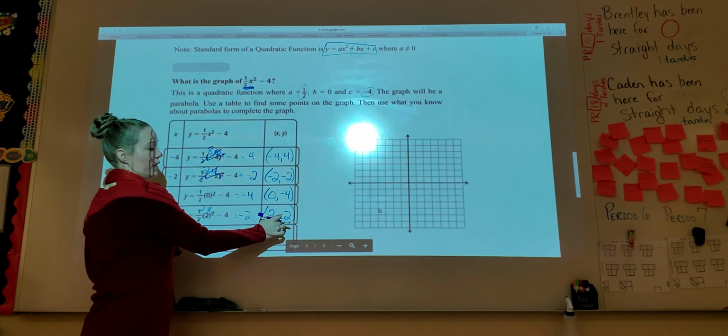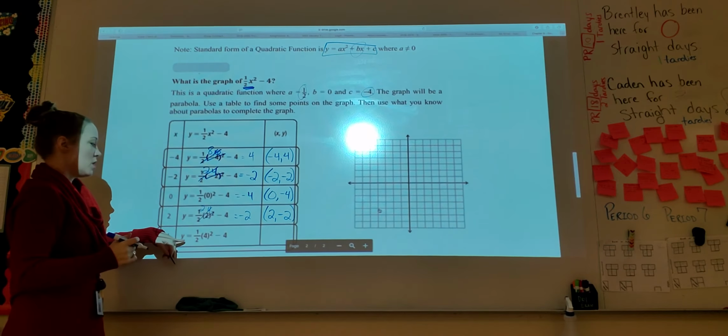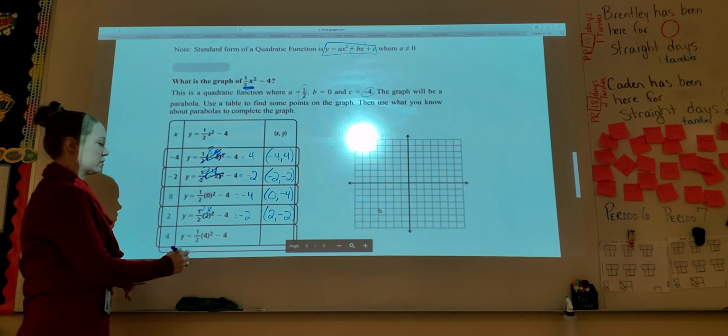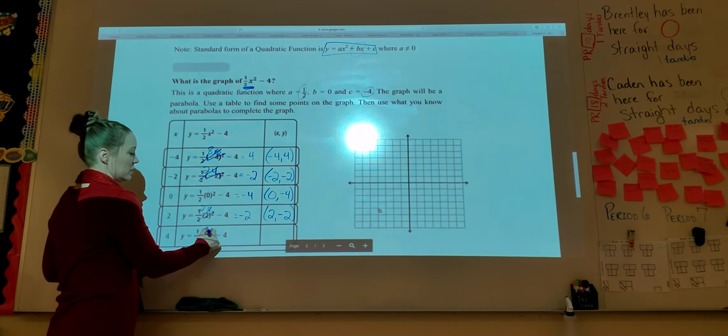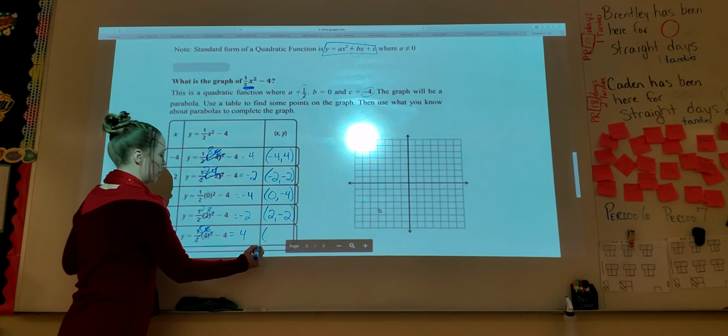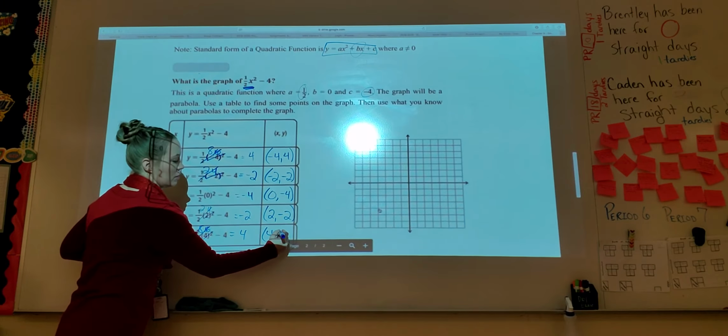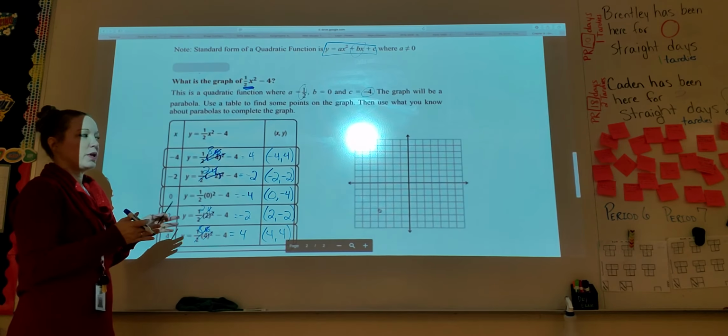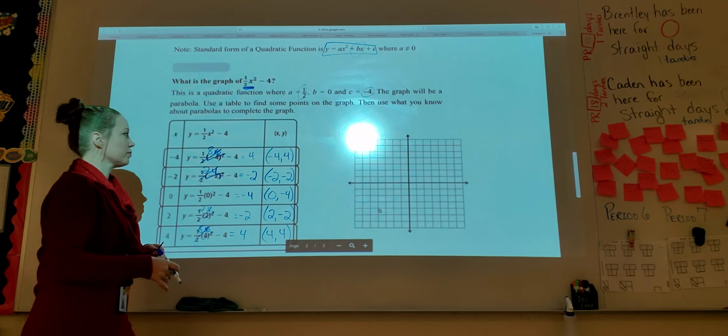This is 2, and we got -2 as our y. All right, so we've got the number 4, so it's a positive 4 that I plugged in for x. So that's 4 squared is 16. Half of 16 is 8. 8 minus 4 is 4. We've got another repeat. 4 and 4.